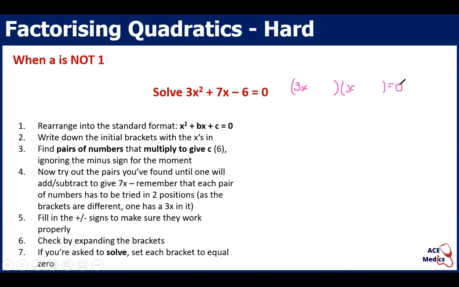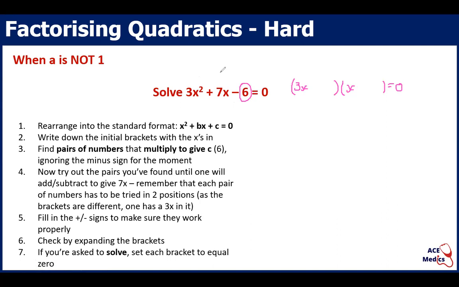Now we then need to find pairs of numbers that multiply to get c. We're not thinking about b yet, so things that multiply to get 6. Let's just think about the 6 first.